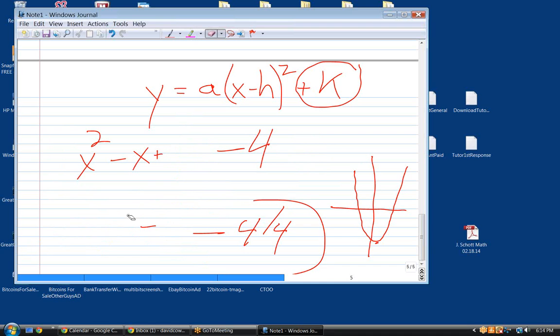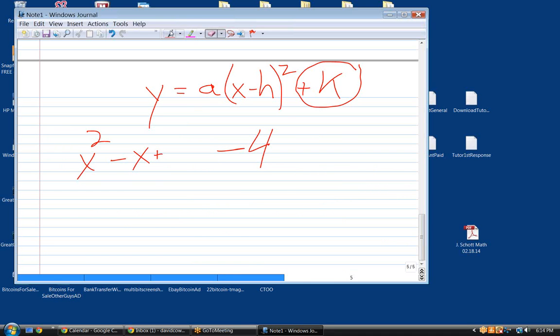In other words, go back up to this expression here and set that equal to 0. Well, to solve that, I'm going to have to use the quadratic formula. That'll give me my 2 values of x, where y is equal to 0.